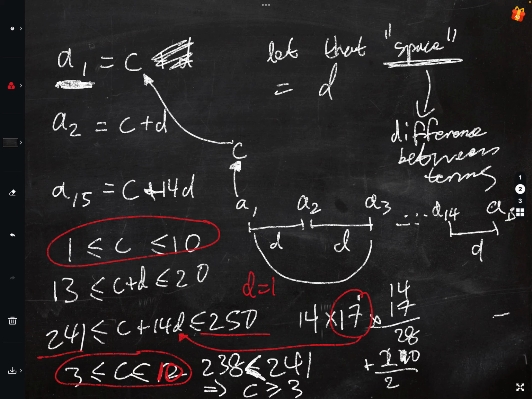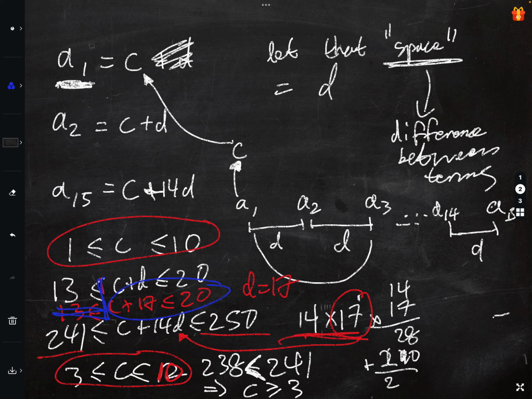So if we plug 17 in, 17 plus C is lesser than or equal to 20, greater than or equal to 13. Let me switch to blue. We just ignore this part for the moment and look at the rest of this.